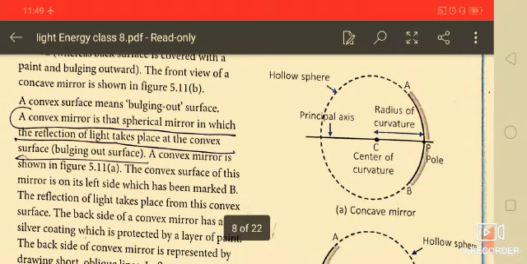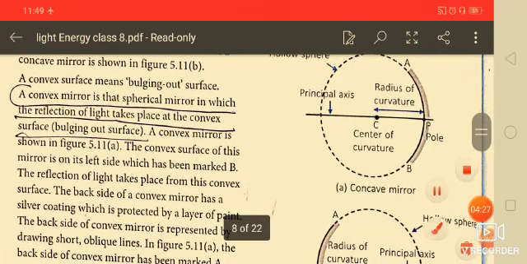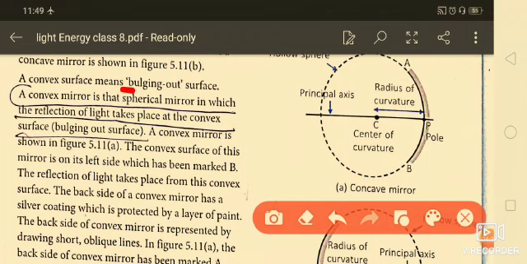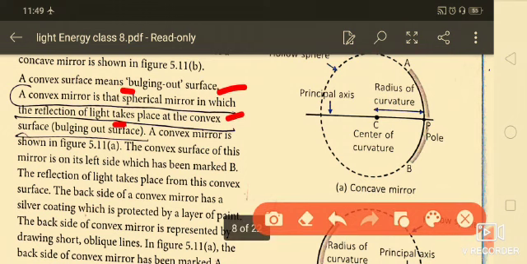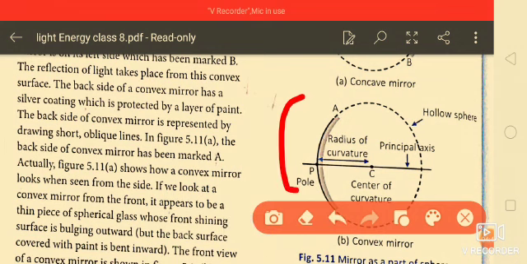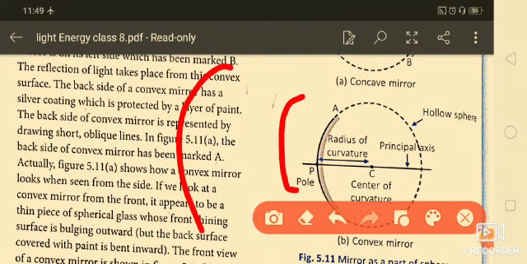Now a convex surface means bulging out surface, and a convex mirror is a spherical mirror in which the reflection of light takes place at the convex surface. So this one is concave and the second one is the convex mirror.